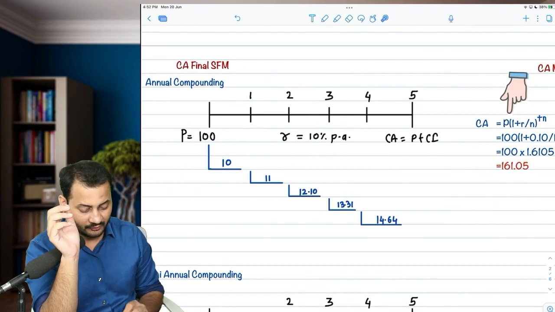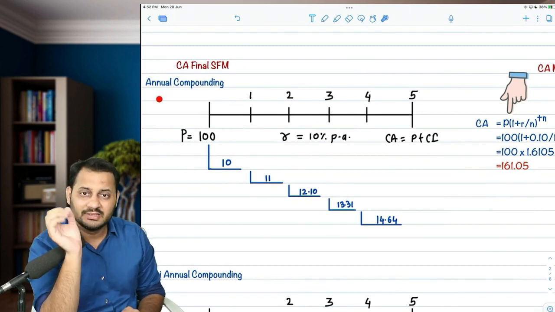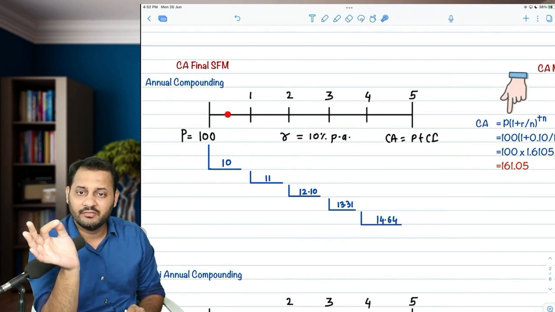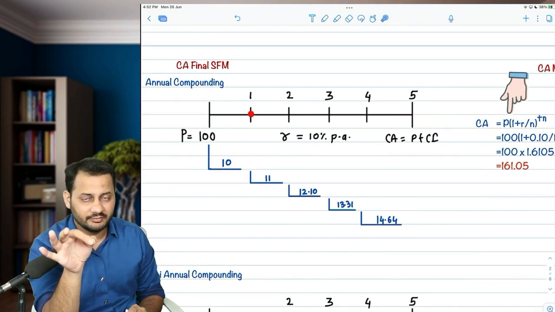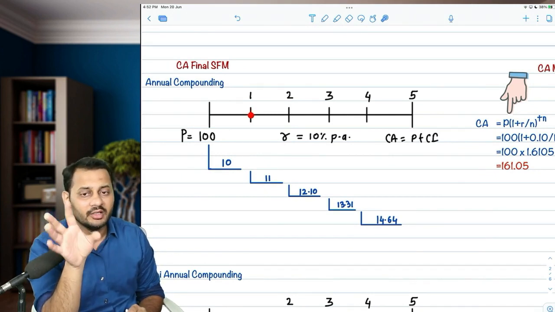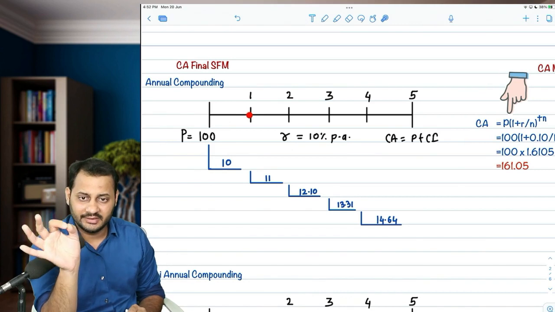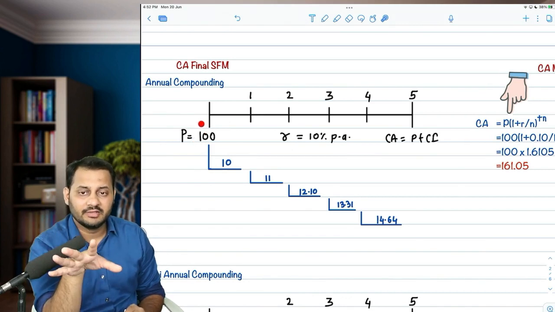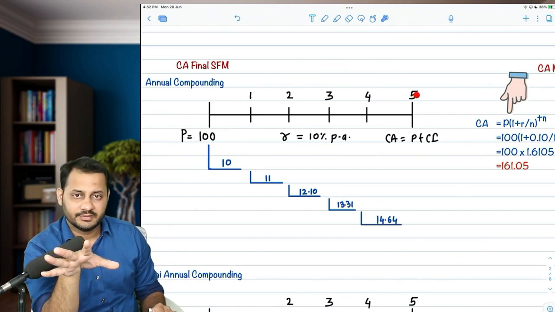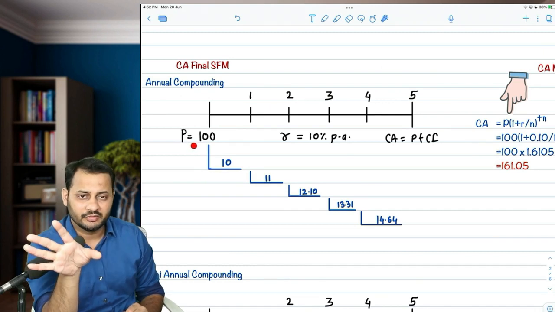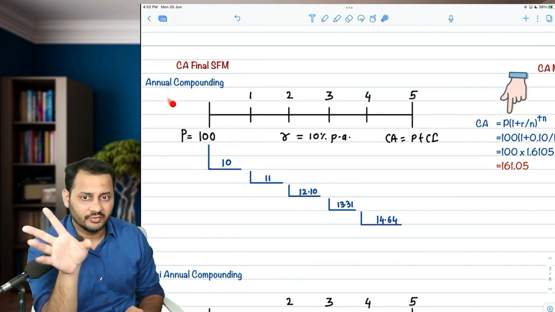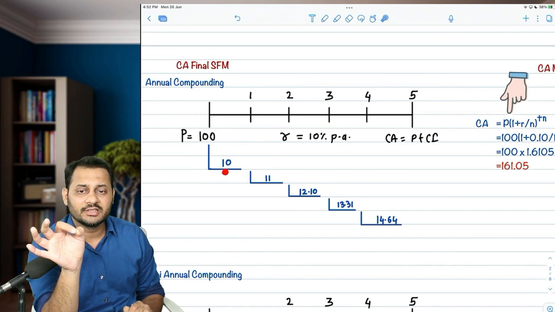Have a look. If the compounding happens annually, meaning we are eligible to earn money annually, then what will happen? Let's say we invest for 5 years. We have invested 100 rupees for 5 years and the compounding is annual. In the very first year, what is happening?